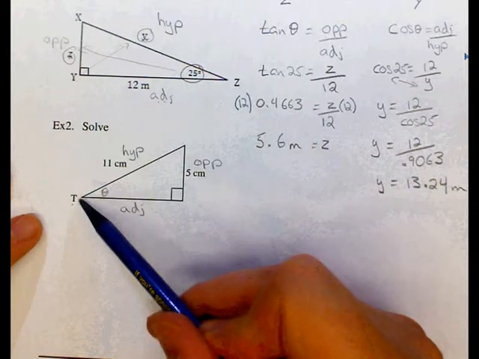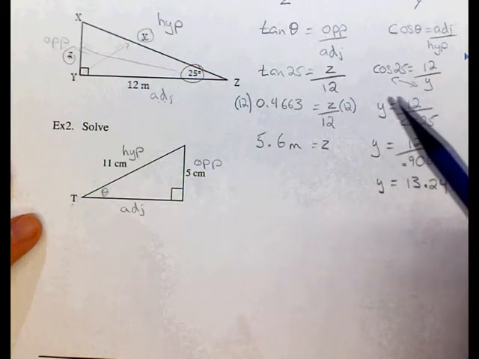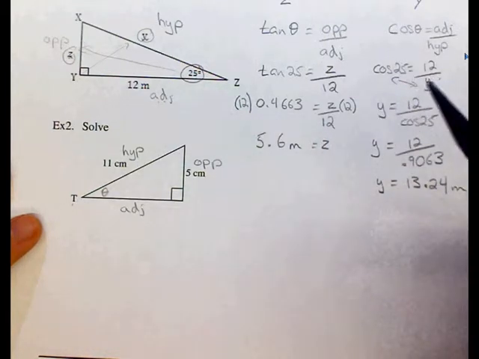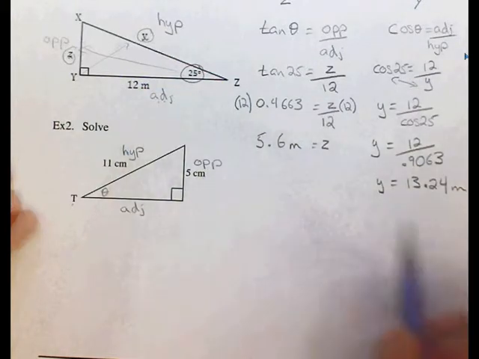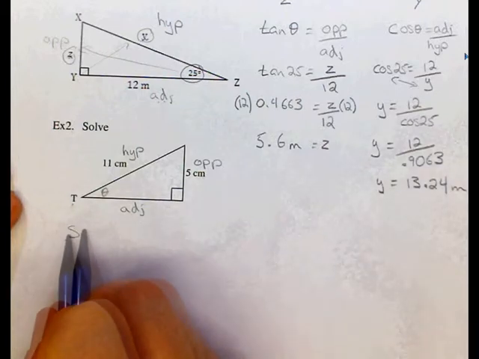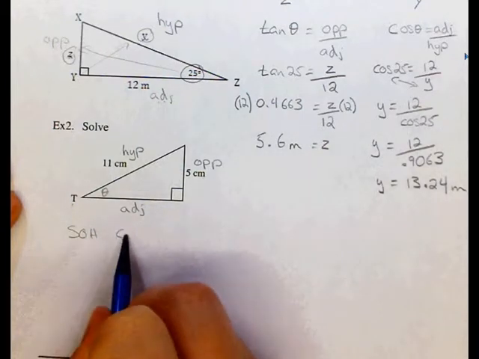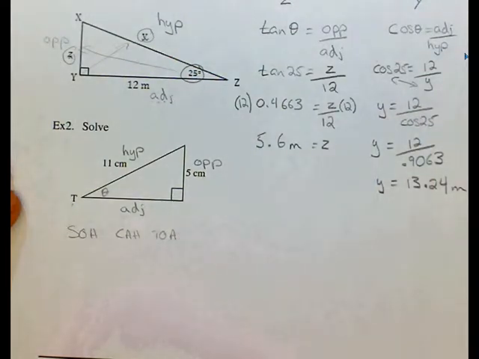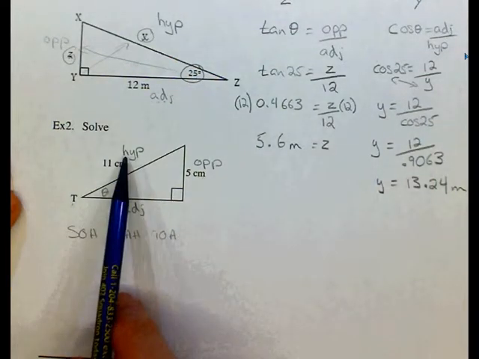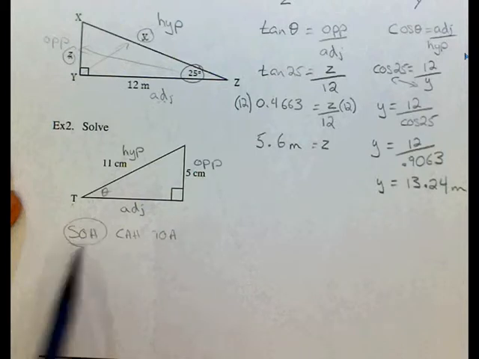Now we're looking for angle T. In this case, we need to have the known value for two sides, so the opposite and hypotenuse. If you remember SOHCAHTOA, which formula deals with the H and the O? It's the sine.